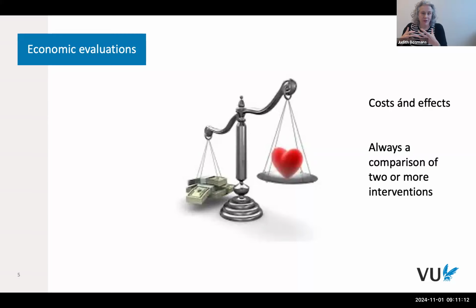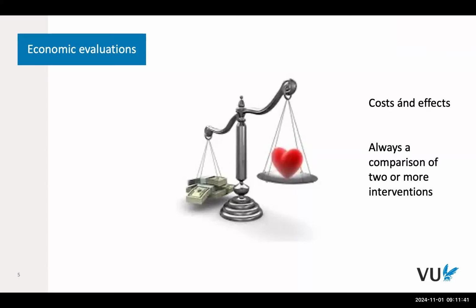When you buy jeans or when you buy a house, you compare the characteristics of the jeans or the house, and you look at the price, and then you balance these against each other, and you make a choice which jeans or which house you will buy. In healthcare, it's not so easy as that, because whether you need healthcare or not is not a choice, right?